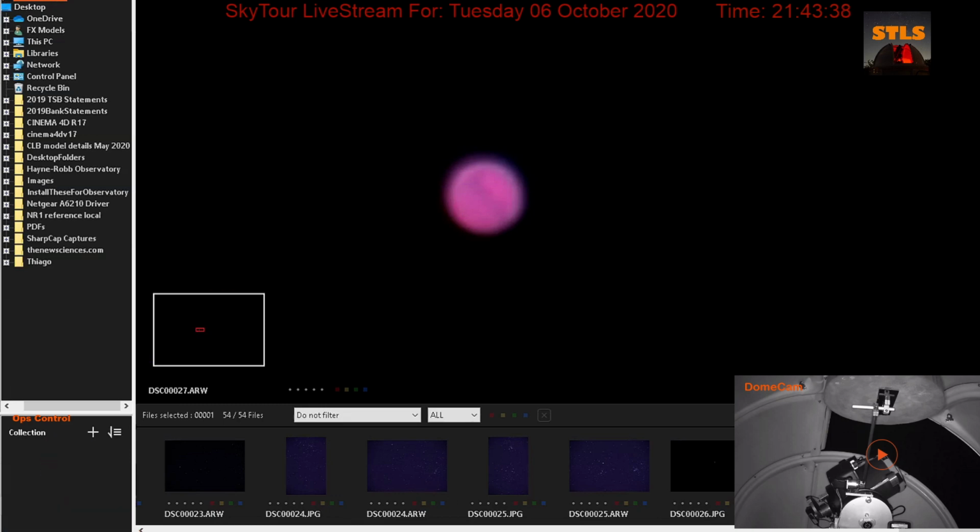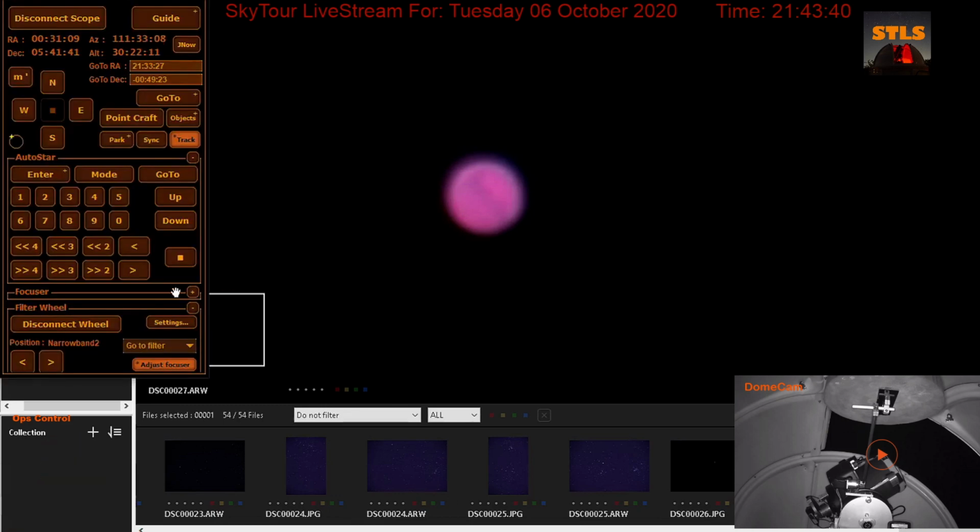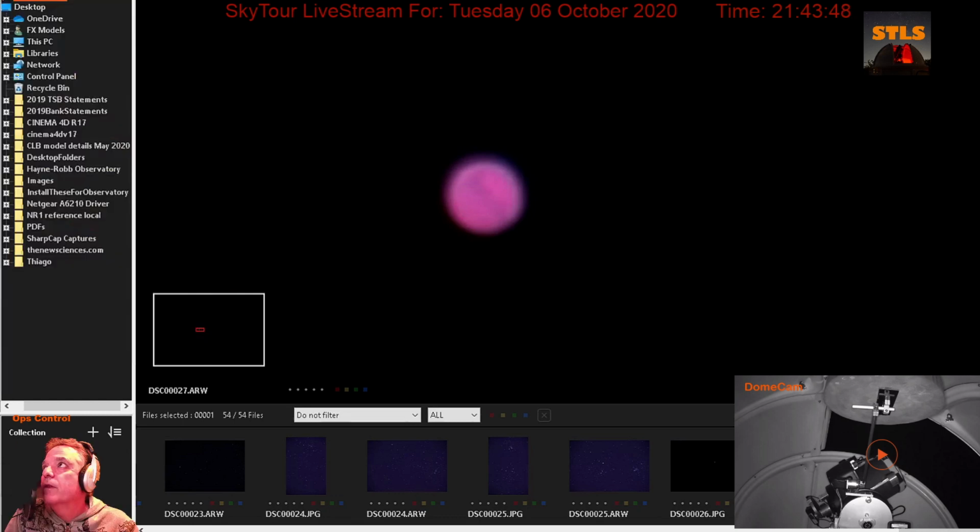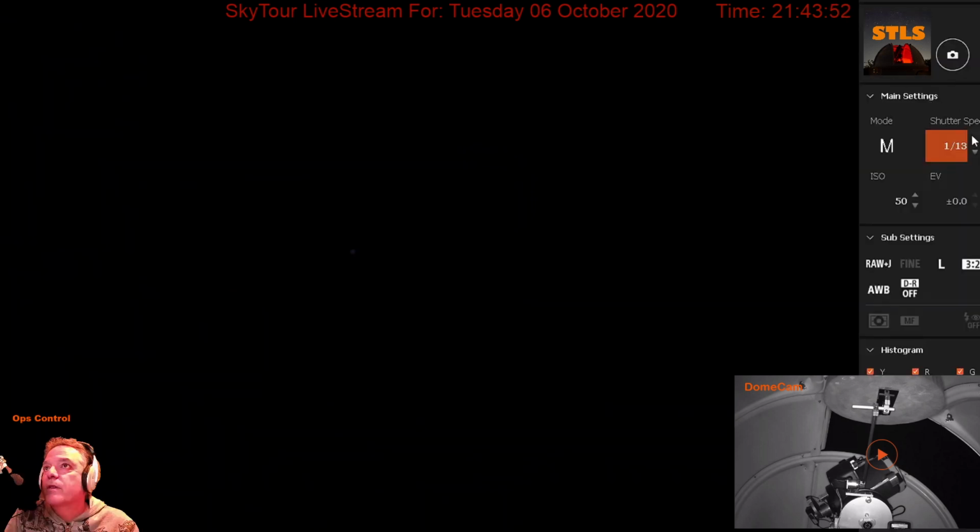And what we should do is just do another shot, but we're going to go to the most narrowband filter. This is narrowband filter 1. Let's check that out. Now, first of all, we have to increase the exposure a little bit, make it a little longer because it takes a little more light to get this information in.